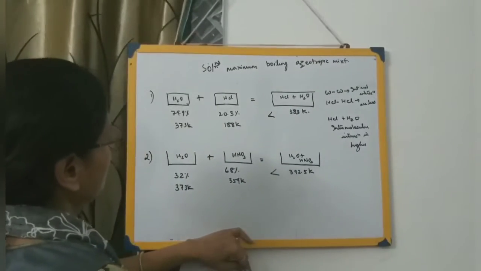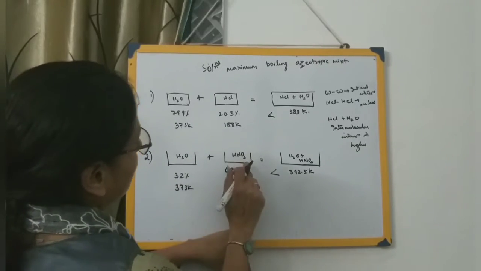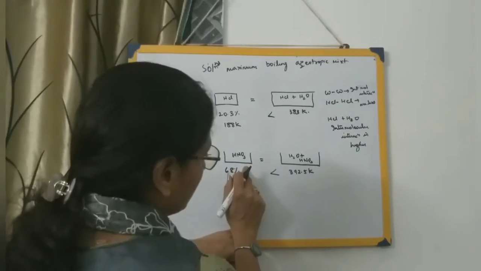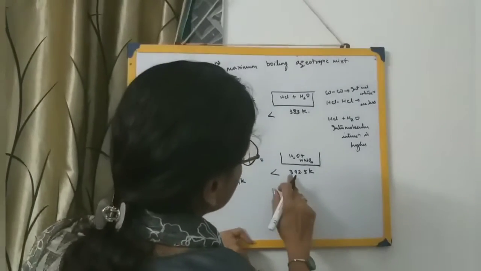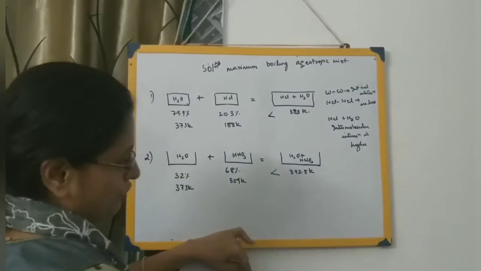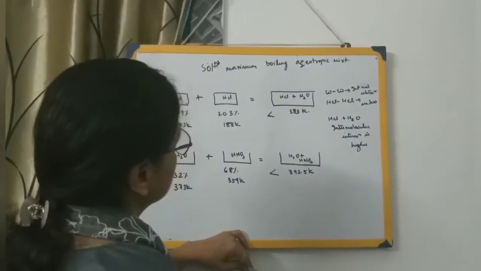In this case also you will find that the intermolecular interactions between water molecules and between nitric acid molecules are very much less as compared to the intermolecular interactions between nitric acid and water molecules. So obviously this is going to boil at a higher temperature, leading to the formation of a maximum boiling azeotropic mixture.